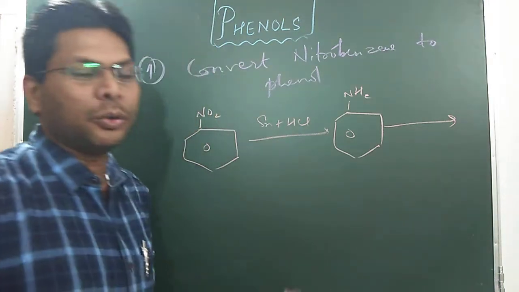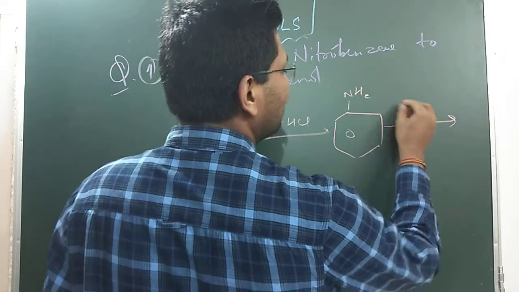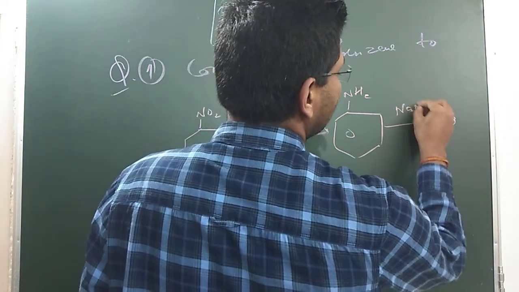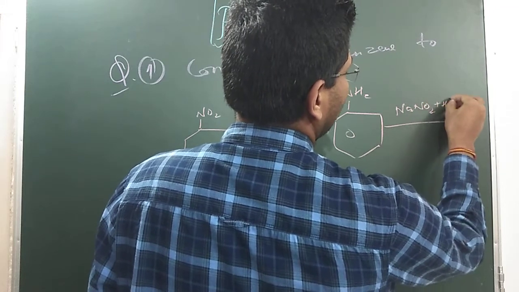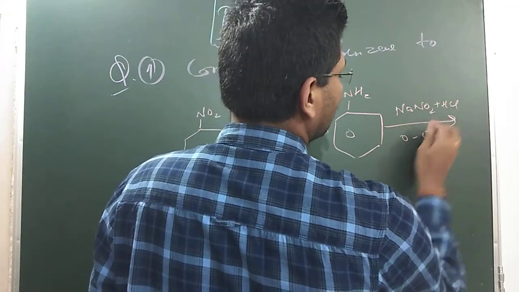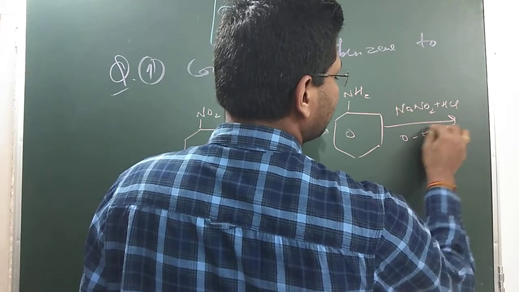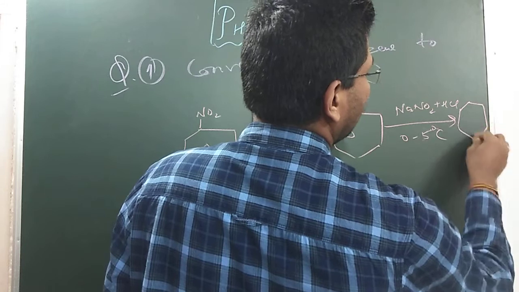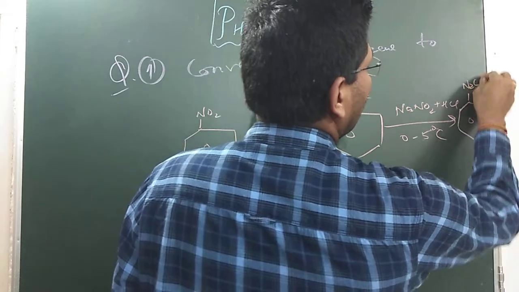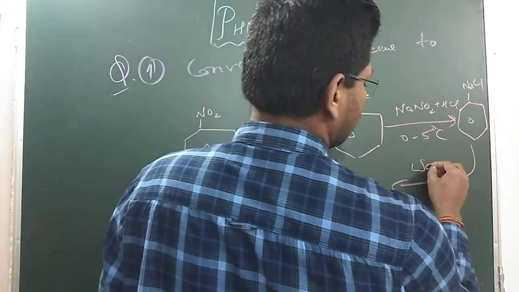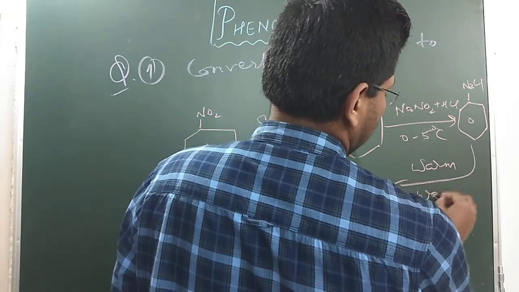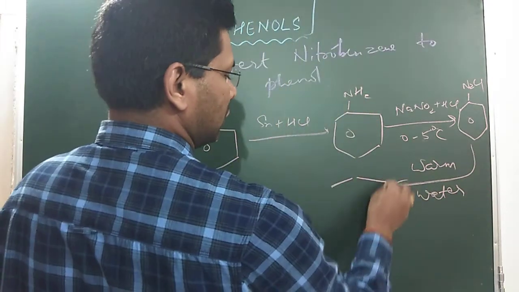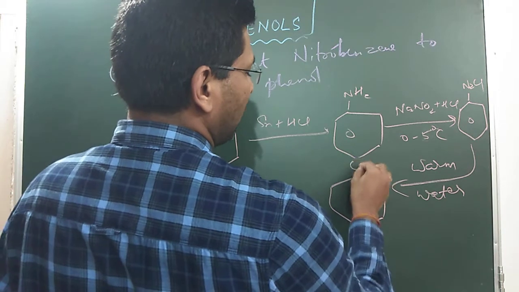We will do the diazotization of aniline with NaNO2 plus HCl at 0 to 5 degrees. So it will form benzene diazonium chloride, and it is put in warm water. So it will form phenol. This way we can prepare phenol from nitrobenzene.